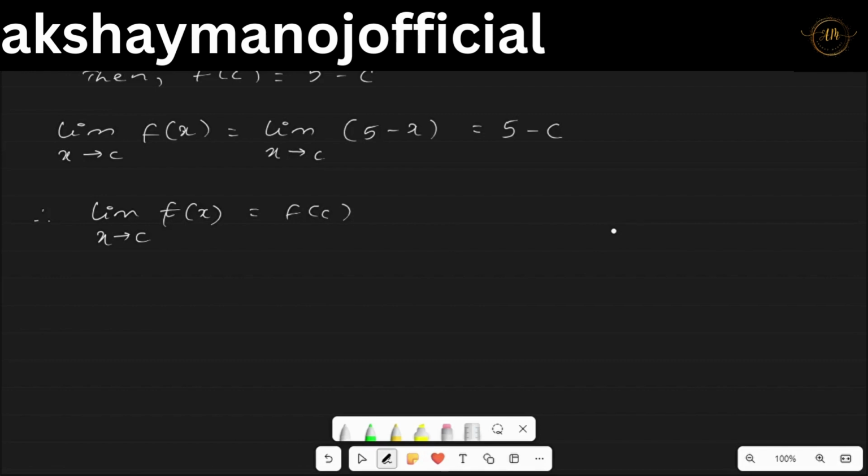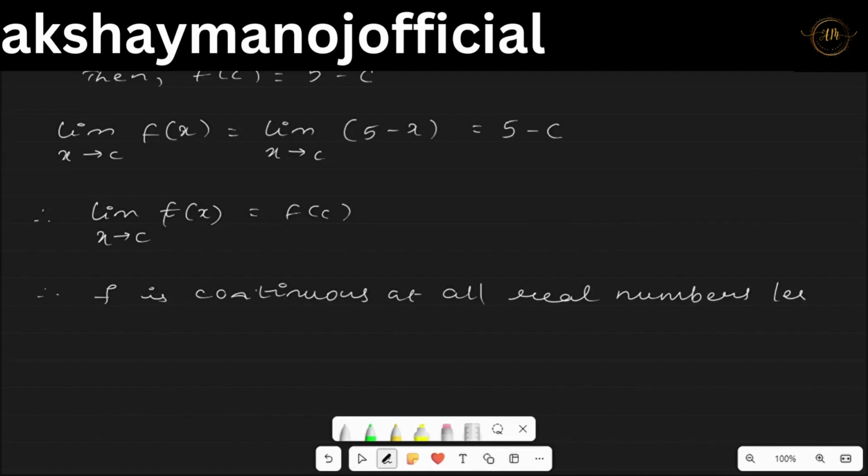So therefore, f is continuous at all real numbers less than 5. This is with respect to case 1.